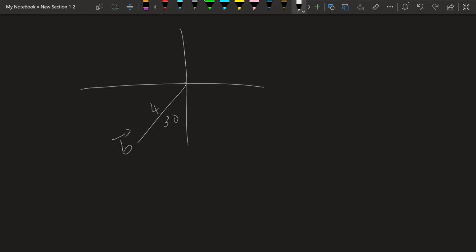B is the position vector of big B. That doesn't really matter. Find the parametric equation of a line that has the same direction as this vector and it passes through A. Now here's the thing.